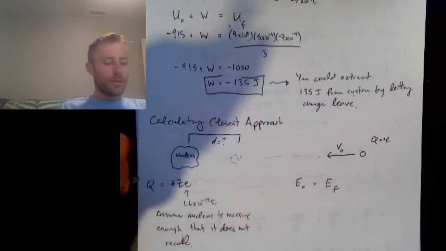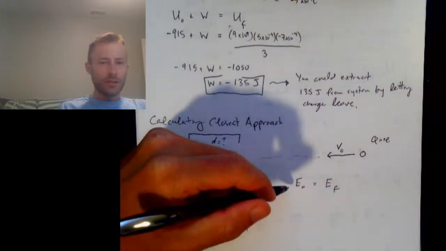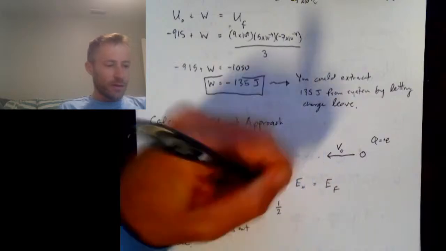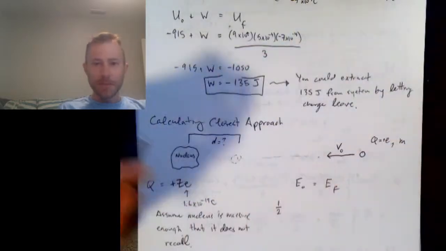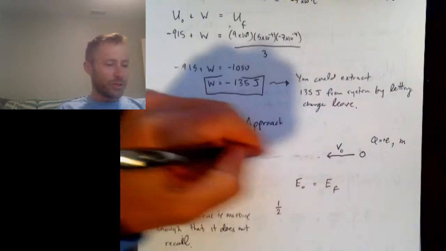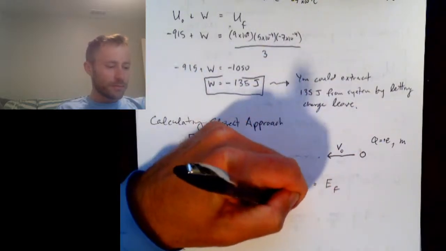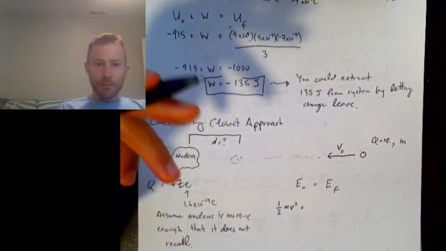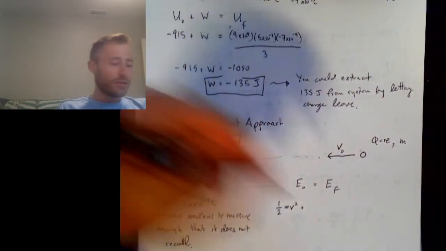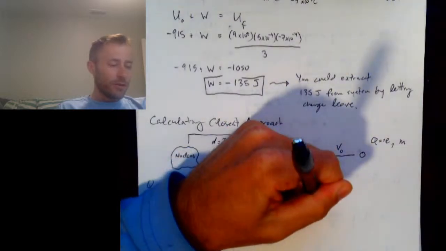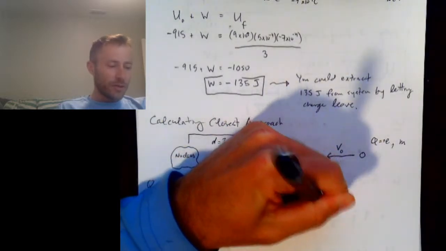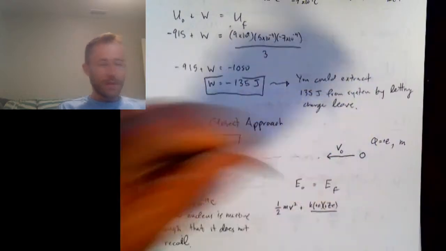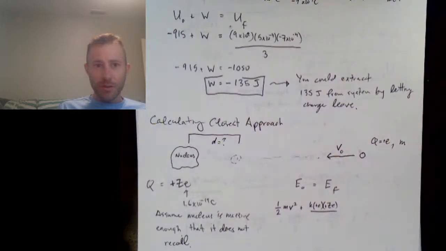The initial energy is therefore the kinetic energy, and let's say it has a mass m, the kinetic energy of the approaching smaller charge plus the electrical potential energy. So K Q1, which is plus E, Q2, which is plus ZE, over, now what is the distance that they are apart initially?